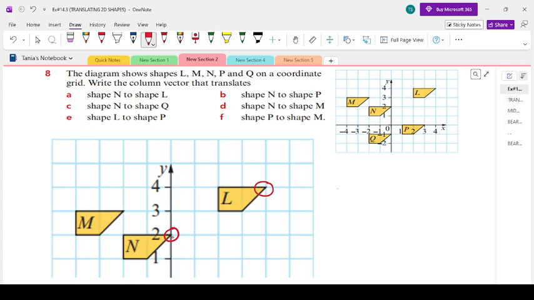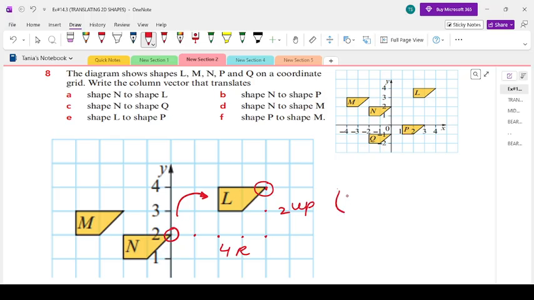So now I'm counting on the x-axis: 1, 2, 3 and 4. 4 boxes, right? And then 1 and 2, 2 boxes in the upward direction. It means N to L when we are doing the translation.